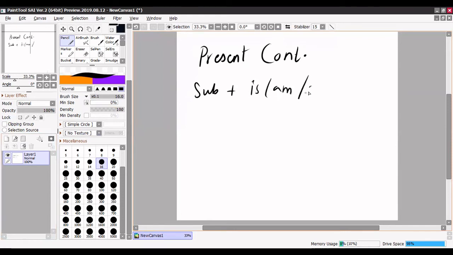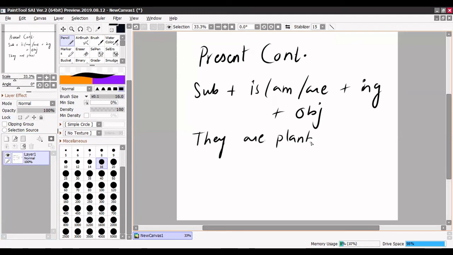So this is the normal present continuous tense. The sentence for this will be, they are planting some trees.